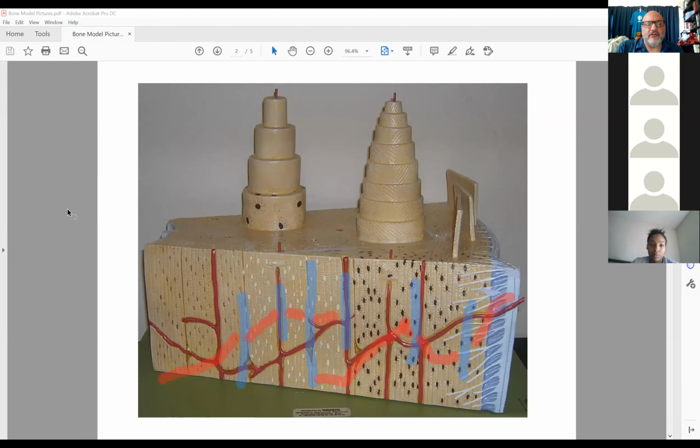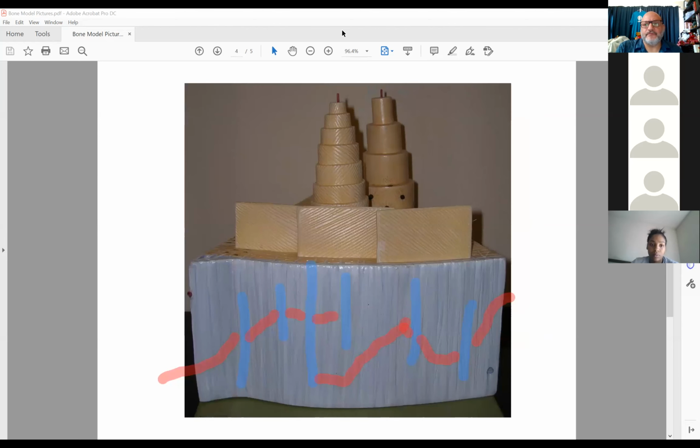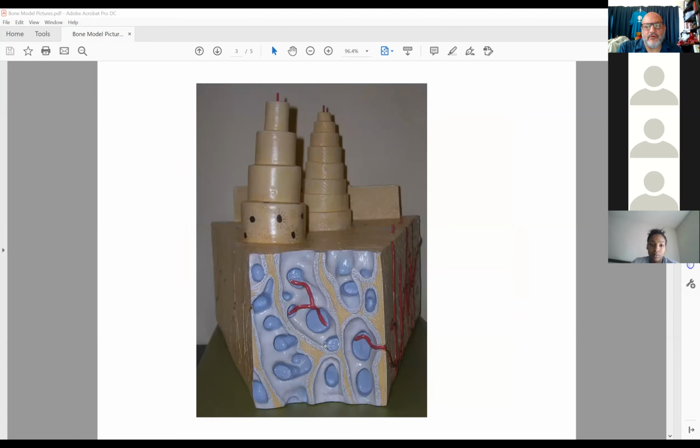Notice two other things. As we looked at the end views, here we see that periosteum on the outer surface of the bone. And unlike the picture in your textbook, here in blue, we see the endosteum as well. What they've shown us here is the endosteum, that dense irregular connective tissue on the inside.